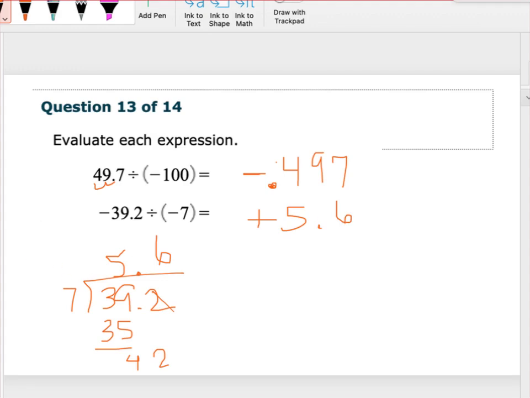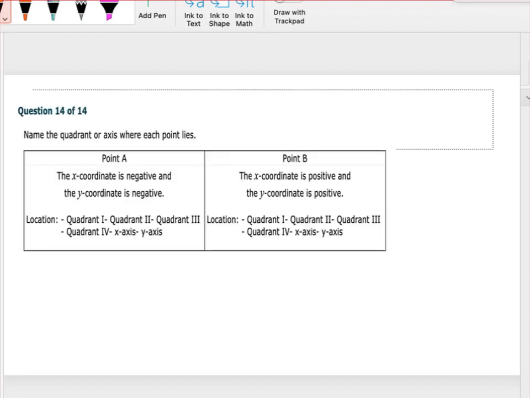And the last one says name the quadrant or axis where each point lies. Now here they're describing a point. Okay, point A has x coordinate that is negative, so let's just make our little grid here. We know that this is 1, 2, 3, 4, right? That's how our quadrants are named.